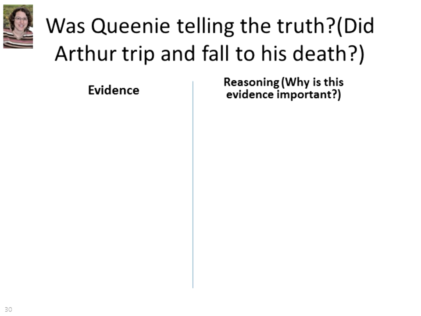And so I'm going to try to write in some of what we just described. The first thing we talked about was his glass was not broken. Now that's our piece of evidence. And then I asked you to write why that evidence was significant. And that's essentially our reasoning.